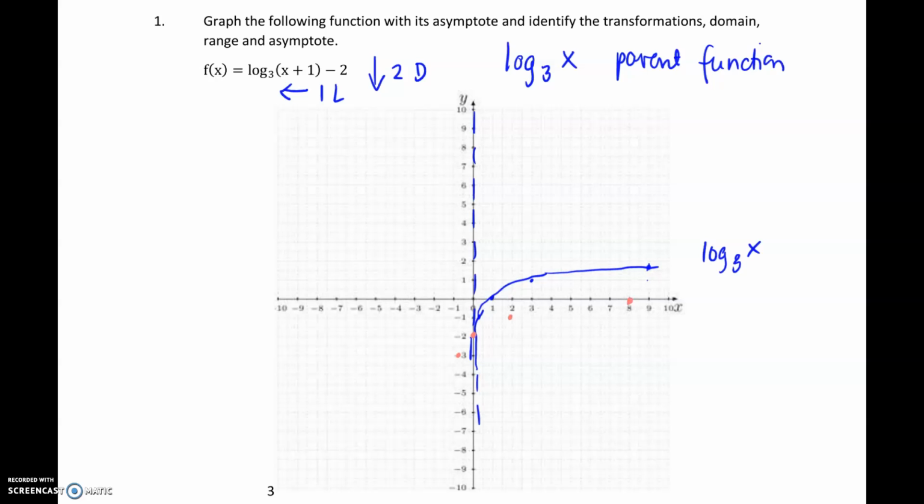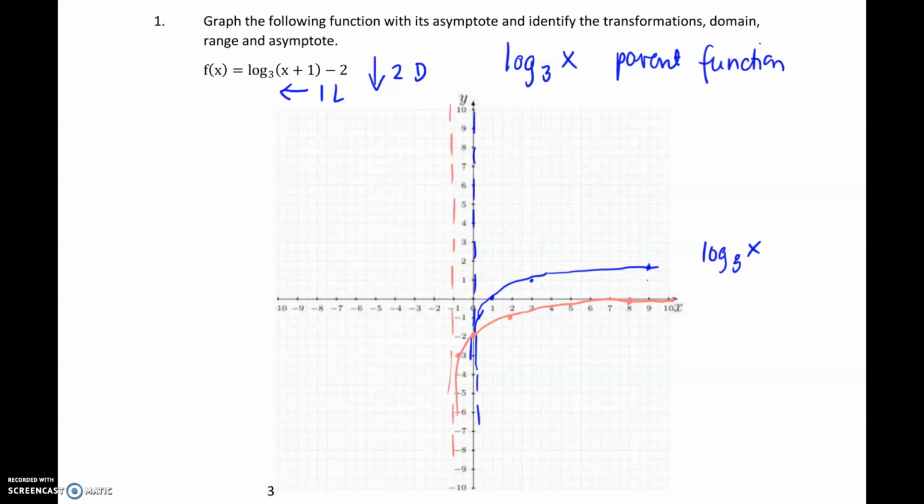So over here is our graph, and in addition, our vertical asymptote moves over to x equals -1, because that's what our left shift is going to do. So over here is our graph, which looks like this.